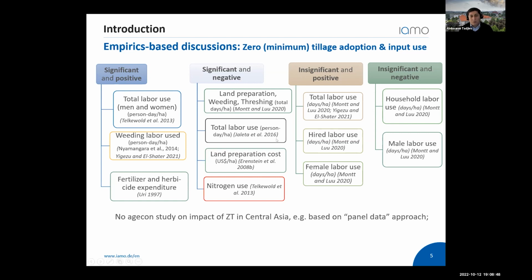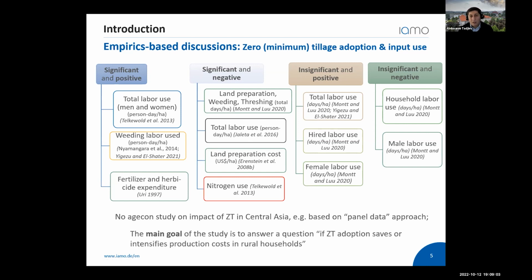As you see, studies found different impacts of zero tillage adoption on input use. From this perspective, in our study, we aim to investigate whether adoption of zero tillage will increase or decrease production costs in rural households. This is the main goal of our study.